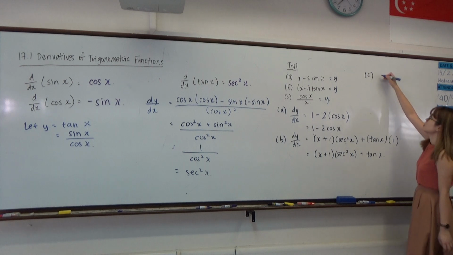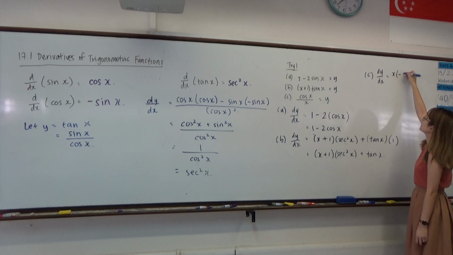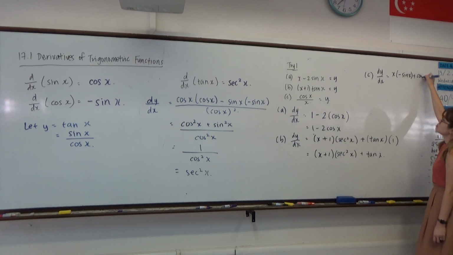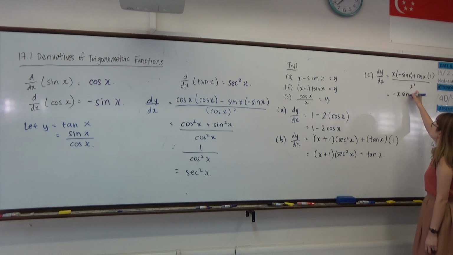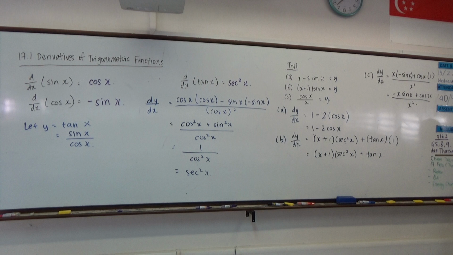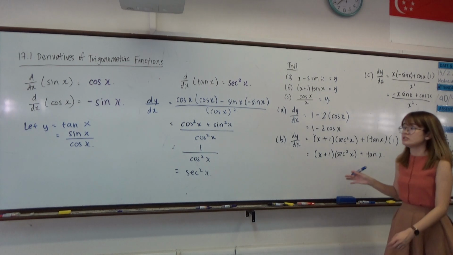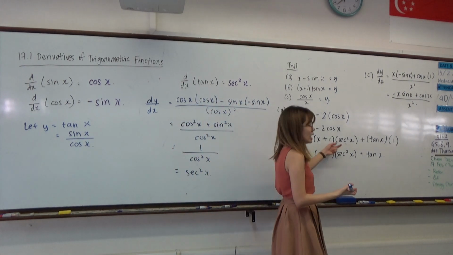And then for part C, we will use our quotient rule. So keep the bottom, differentiate the top, negative sine x. Plus keep the top, differentiate the bottom. Okay, any questions? So you see that when we do differentiation of trigo functions at this point, that trigo function itself will be changed to another one.